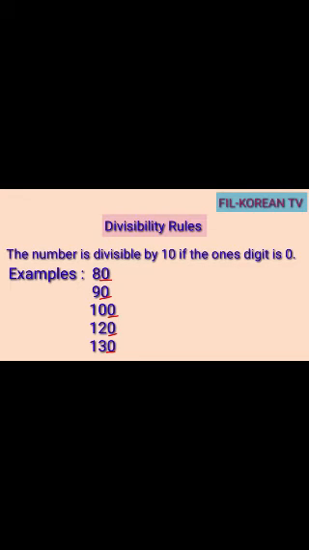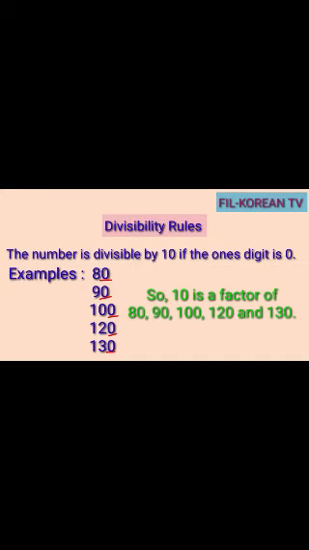Ganyan lang kadali yung divisibility rule ng 10. So, 10 is a factor of 80, 90, 100, 120, and 130. At kapag i-divide natin itong mga numbers na ito sa 10, yung answer ay factor din ng given number.